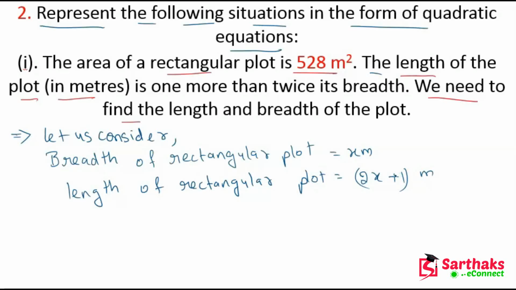Okay, my dear friends. Then, as we know that the area of a rectangle is equal to length into breadth. So what is length? We have length 2x plus 1 into breadth x.